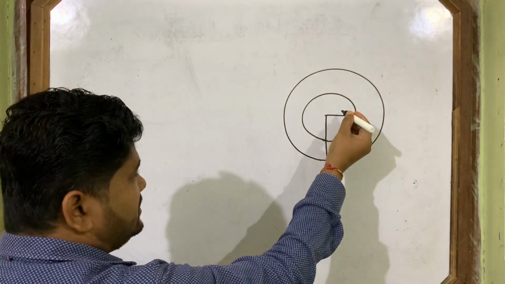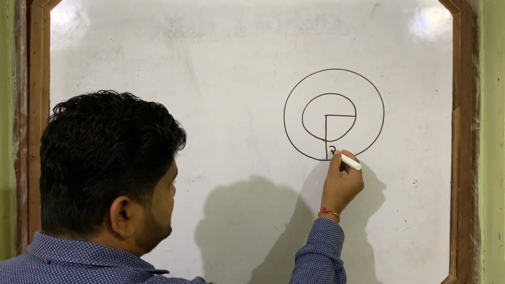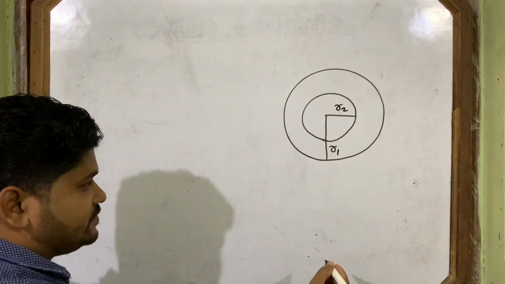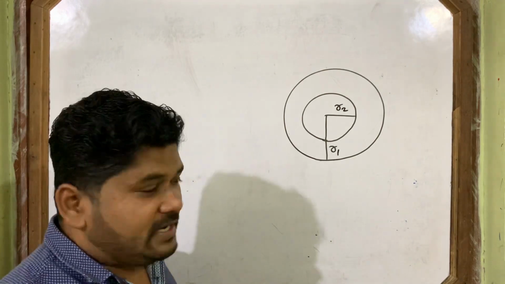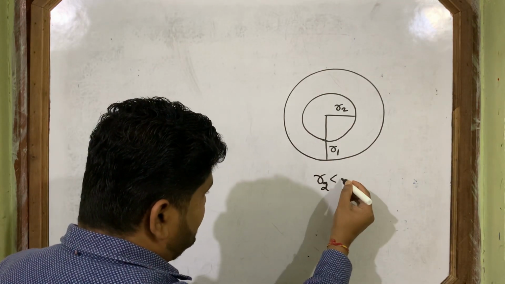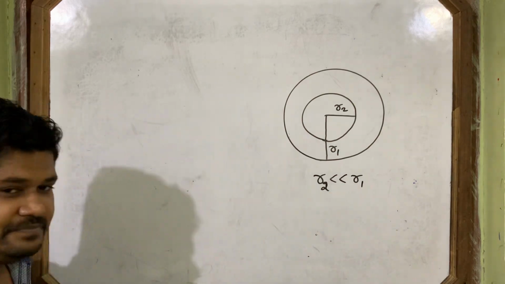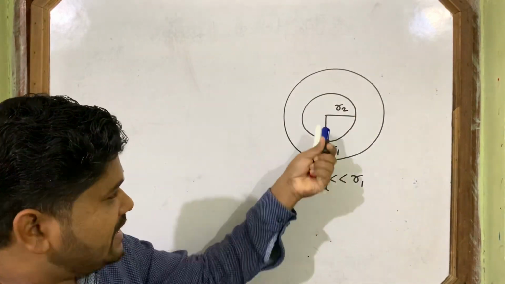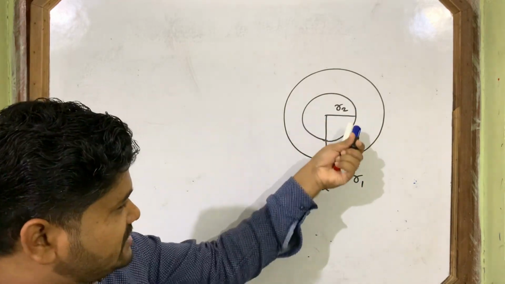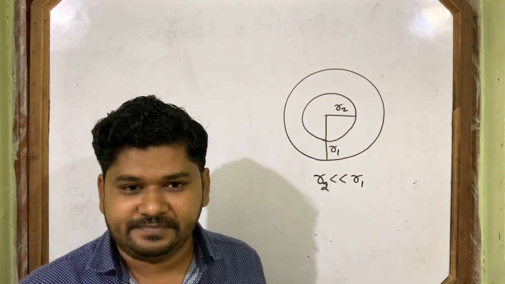Take the first coil as radius R1 and the second coil as radius R2. But here we have to assume R2 is very less than R1. R1 is very large, R2 is very small, as if R2 is just present at the center of R1.